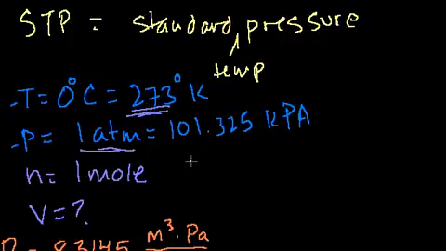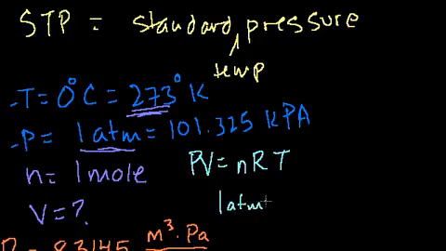So let's apply PV equals nRT. Pressure is 1 atmosphere, times volume, which is what we're solving for, is equal to 1 mole times R times the temperature, 273.